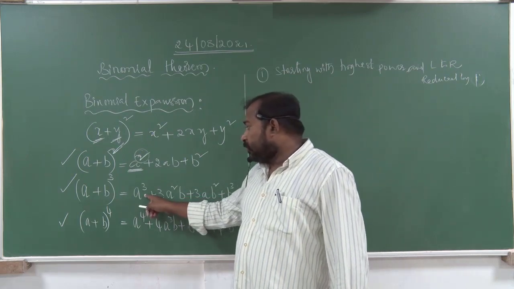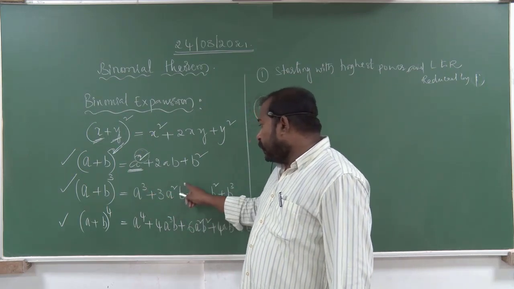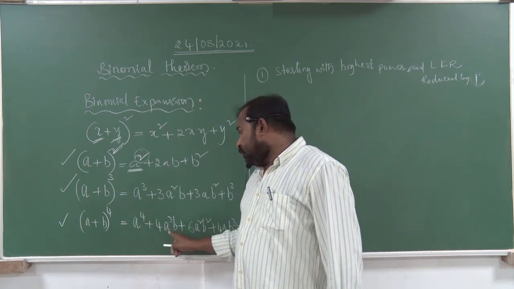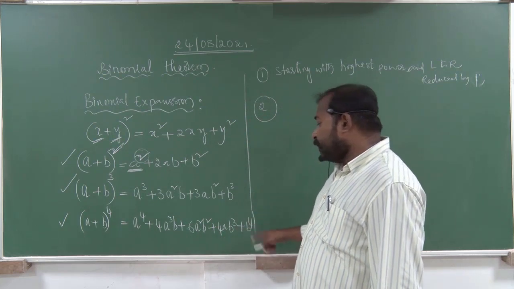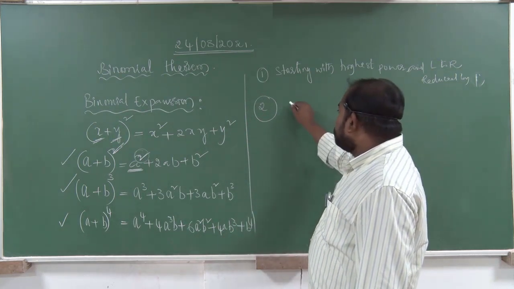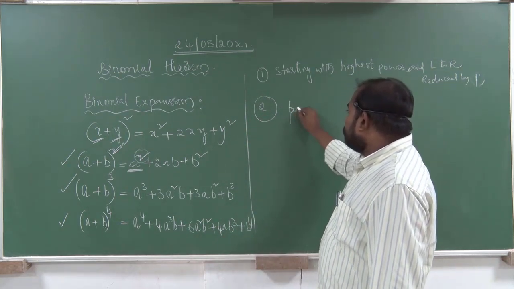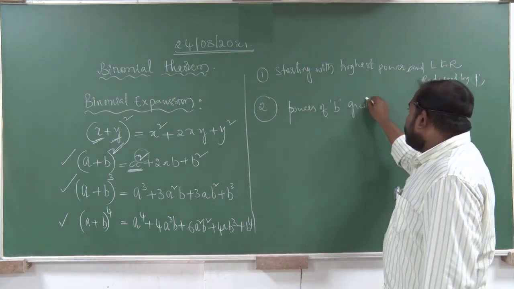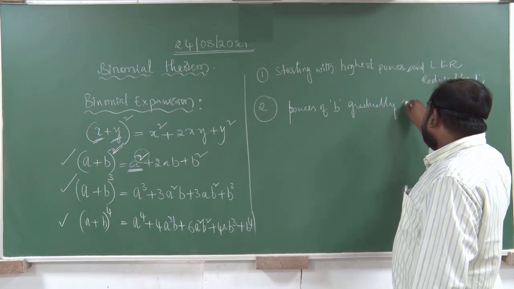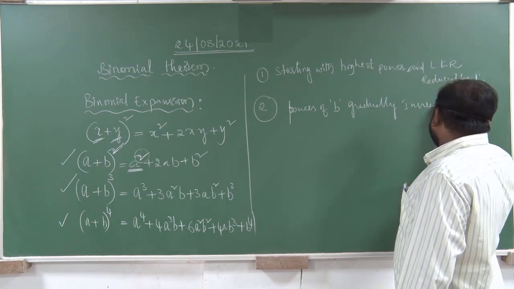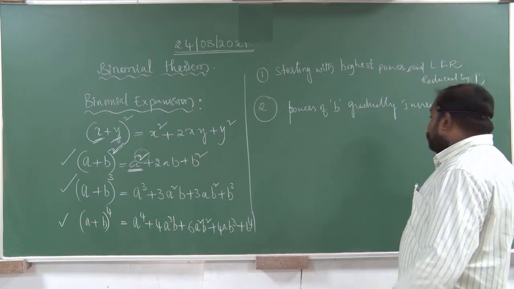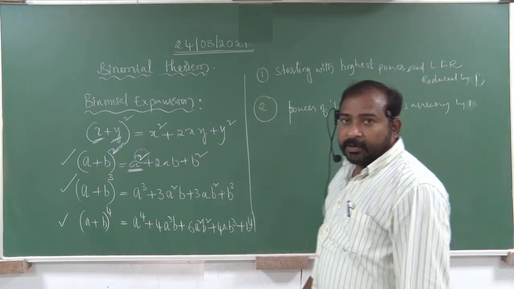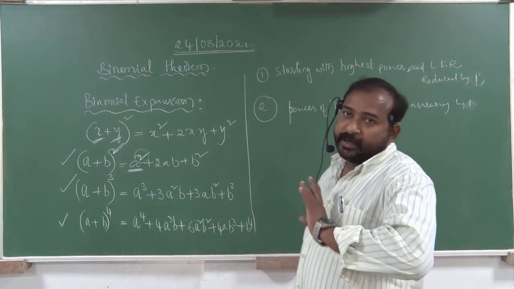Same here also: b^0, b^1, b^2, b^3, b^4. So the powers of b are gradually increasing by 1 from each term to the next term. That is the second observation.